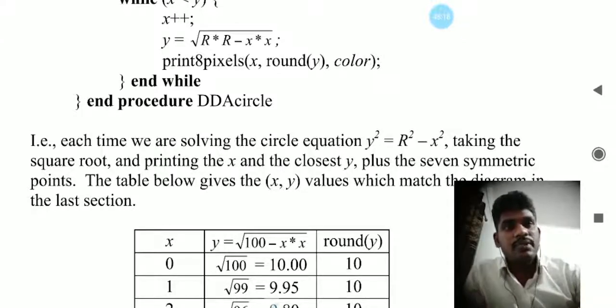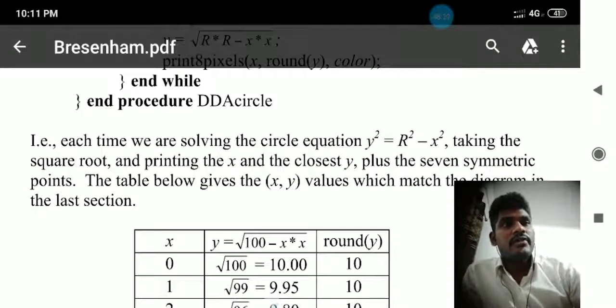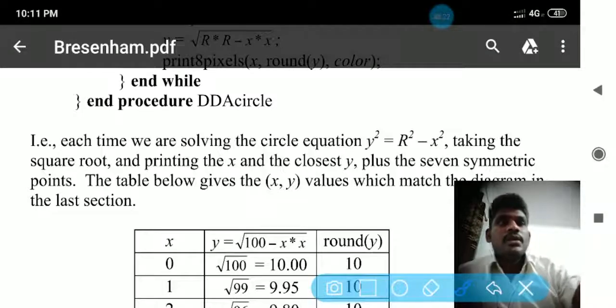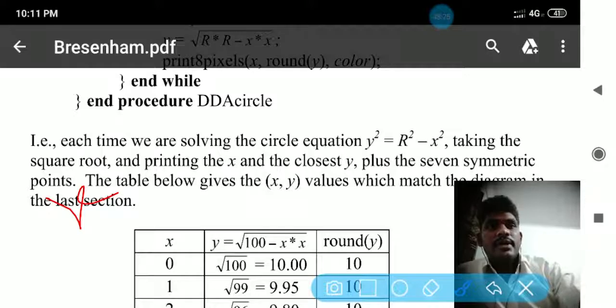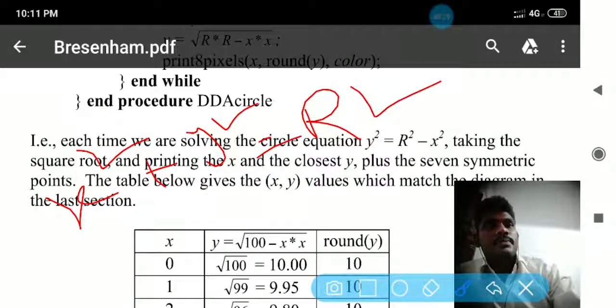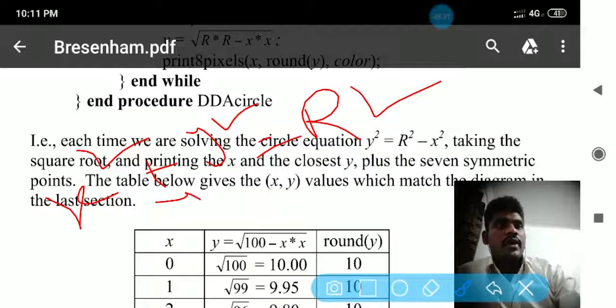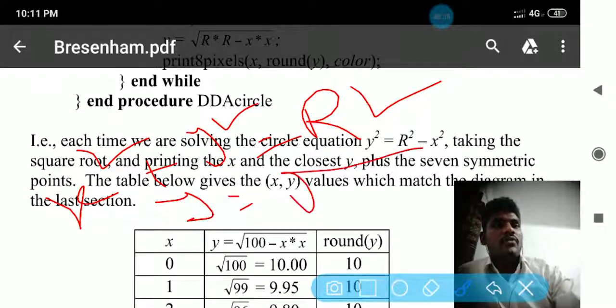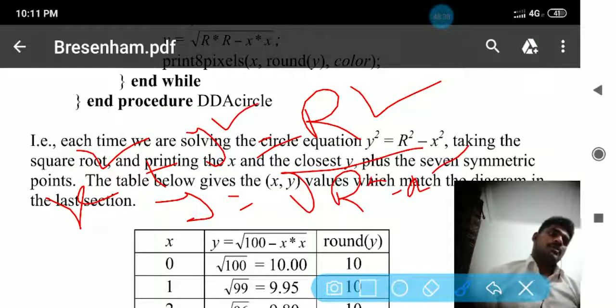How does r square minus x square come? Simply from the equation, you know the circle equation is x square plus y square equal to r square. Now we want to find the y value: y square equals r square minus x square, so y equals the square root of r square minus x square.